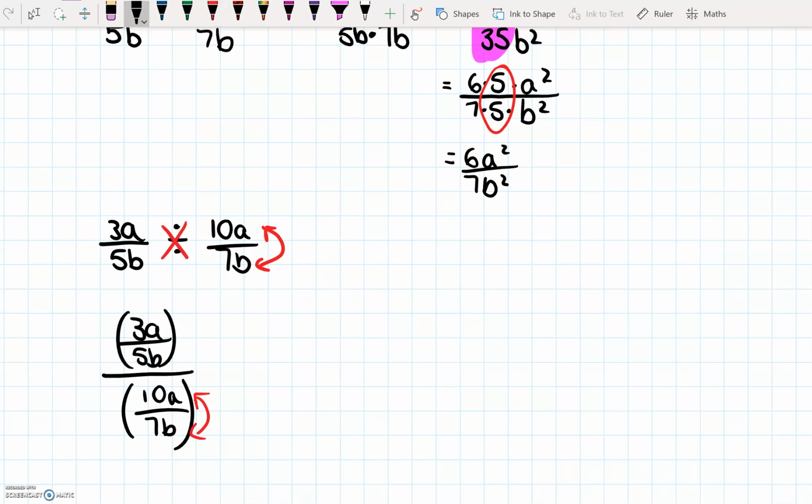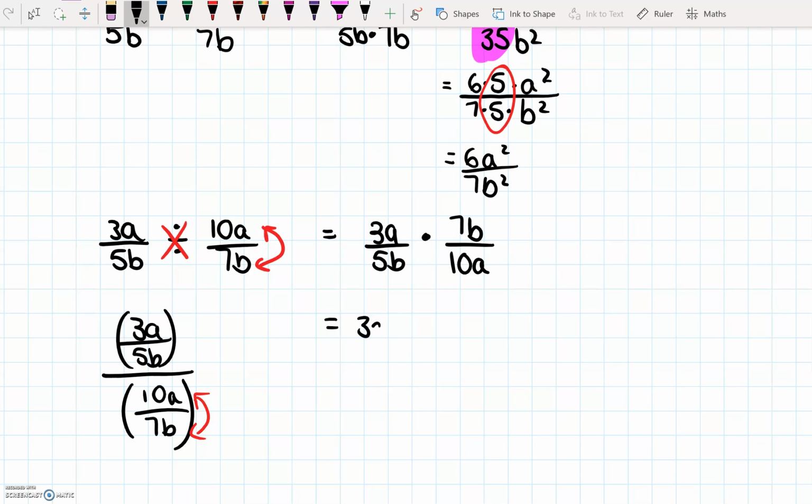So what we're going to get here is that this is equal to 3a over 5b, remember, leave the first one the way it is, times 7b, we need the reciprocal, over 10a. Let's have a look at that. Multiply them now. We just multiply the numerators, multiply the denominators.